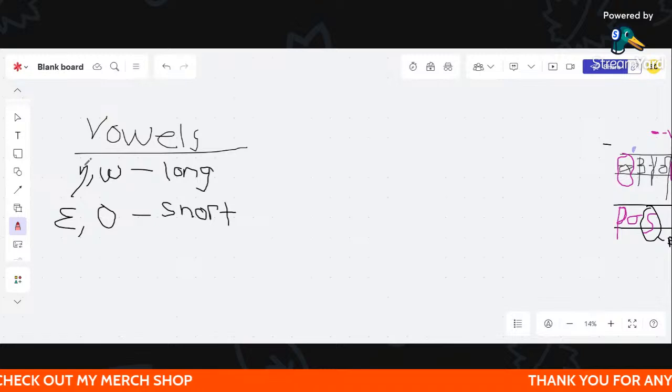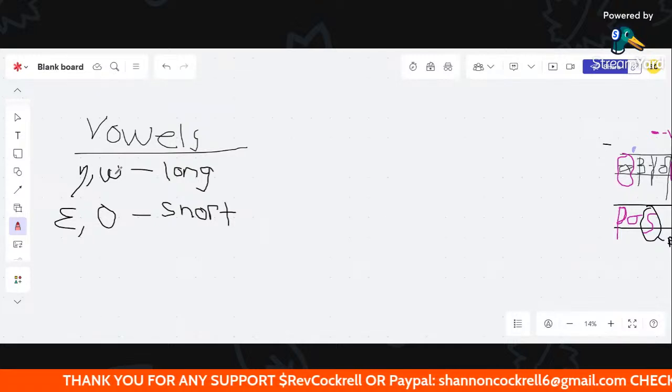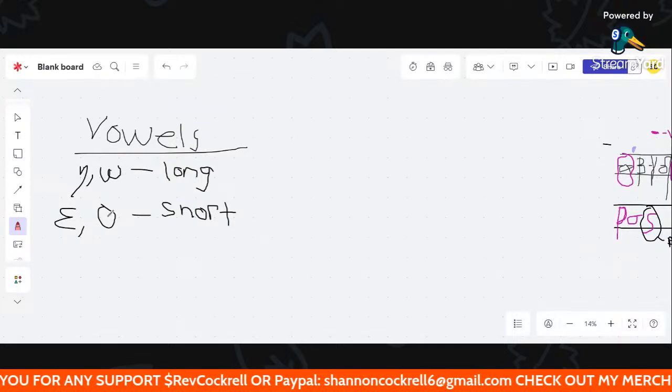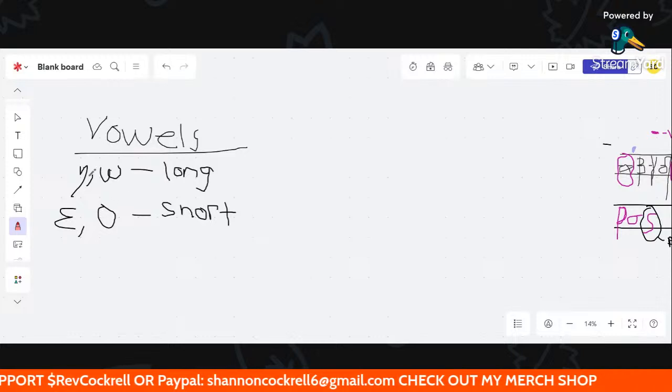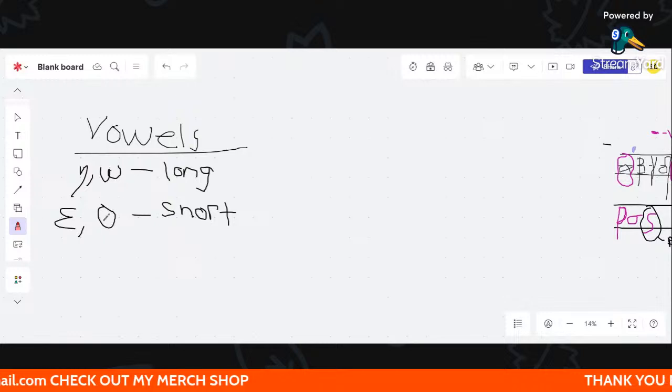So notice alpha, eta, epsilon, short. They're kind of the same letter, e, kind of. Omega, long, omicron, short. So eta, omega are long. Epsilon, omicron are short.